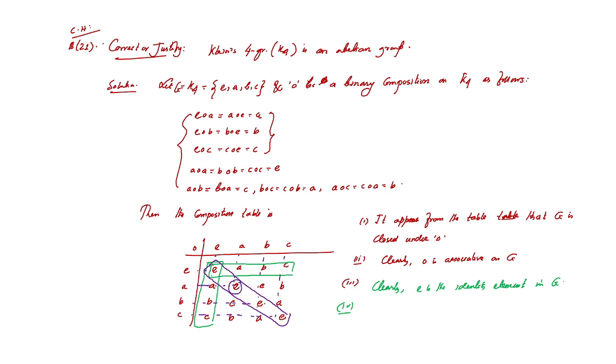Okay, so from that you can conclude the inverse of each element is itself. So clearly from the composition table, we can say the inverse of e, a, b, c are also e, a, b, c respectively.